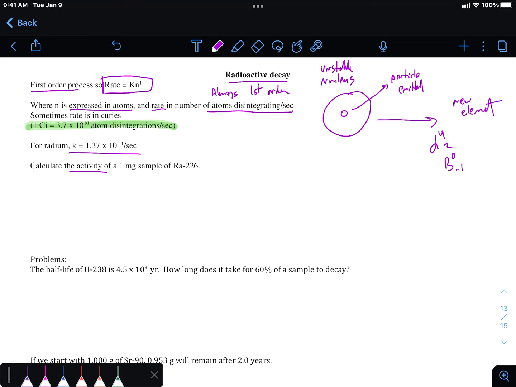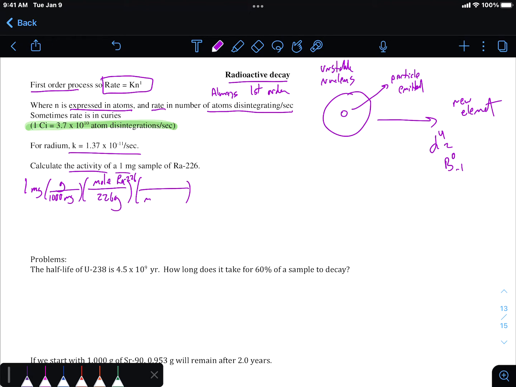So, a couple of things we need to do to solve this. First, 1 milligram sample, our rate is expressed in atoms disintegrating per second. So we need to convert milligrams into atoms. So 1 milligram, there's 1,000 milligrams per gram. And a mole of radium, this isotope here, radium-226, weighs 226 grams.